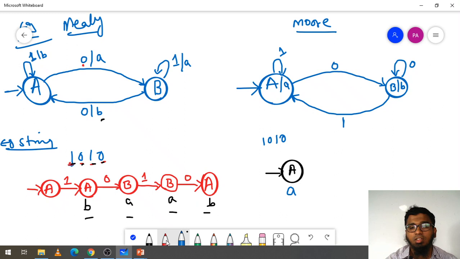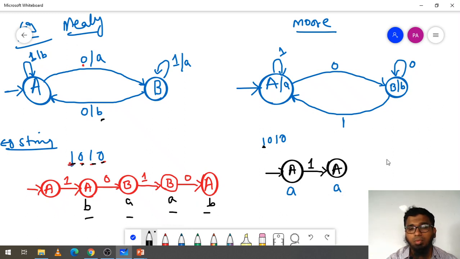Okay. Next, from A, now we need to go A on 1. When A on 1, where is it going? A on 1 is going to capital A only, and what is the output we are getting here? Same A only.